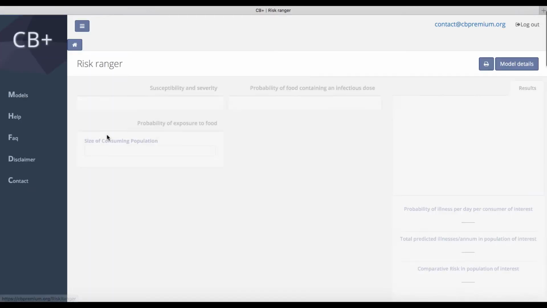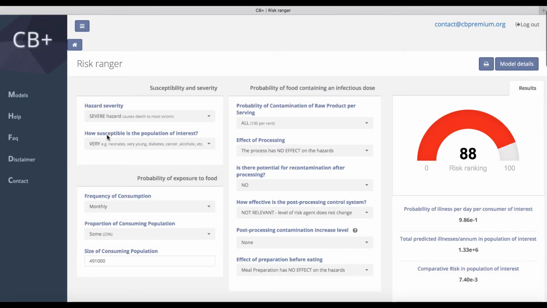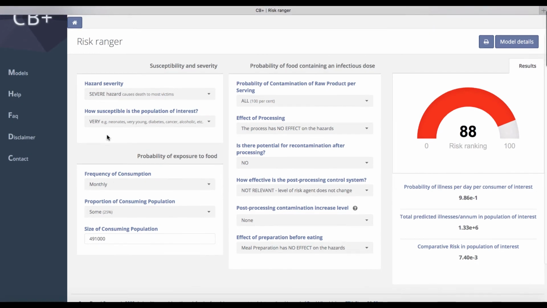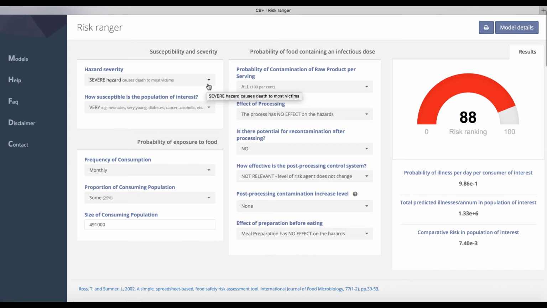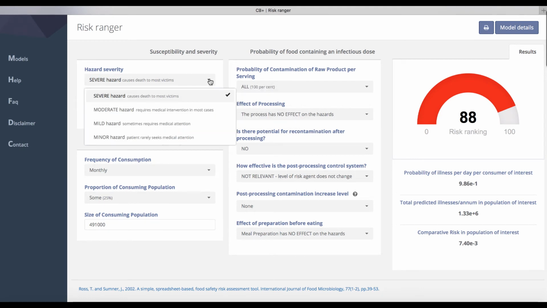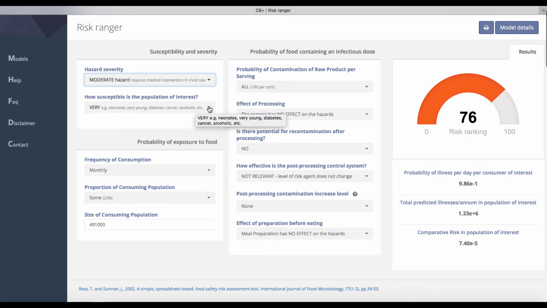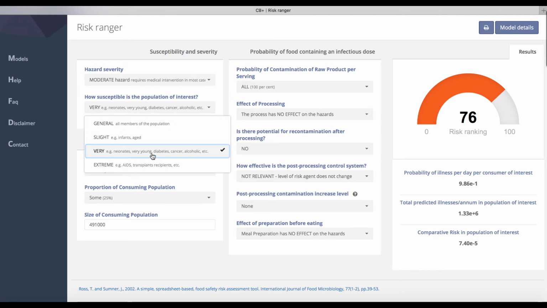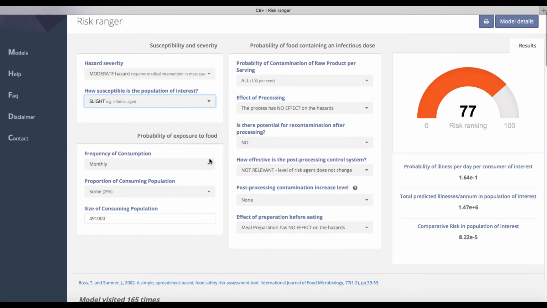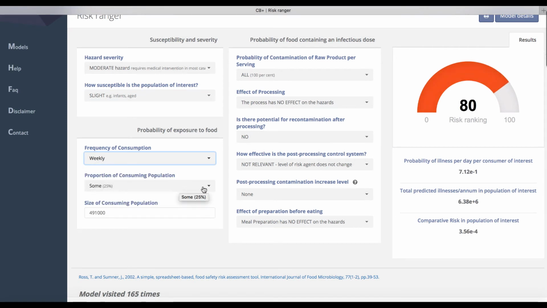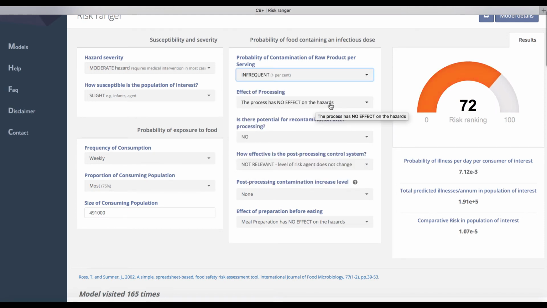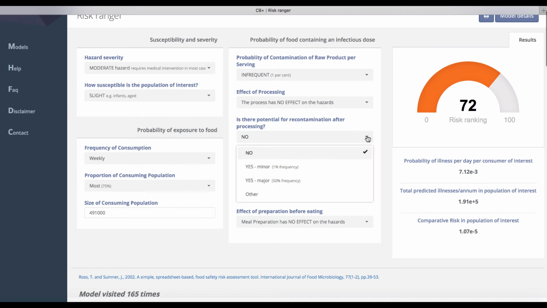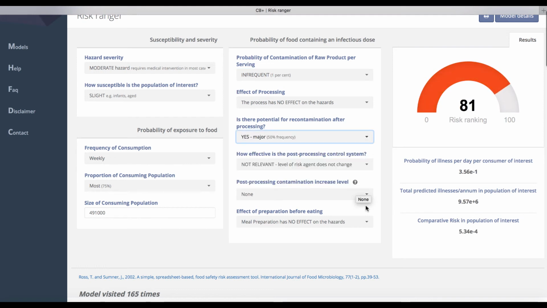One of our most popular models is Risk Ranger, which is a very useful risk profiling tool, also known as qualitative risk assessment. Here you select different risk scenarios by selecting different options for susceptibility and severity, probability of exposure, probability of food containing an infectious dose, and the potential for cross-contamination after food processing.